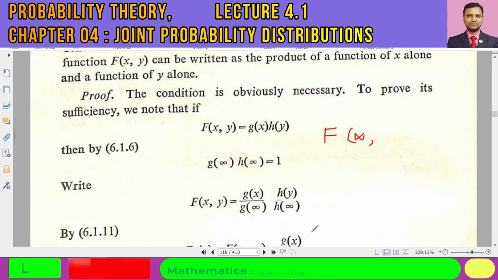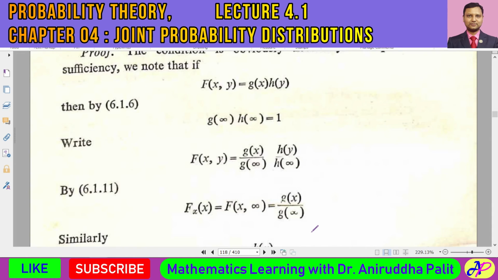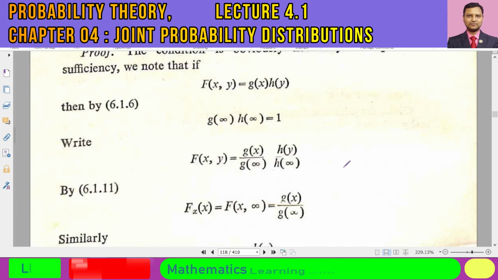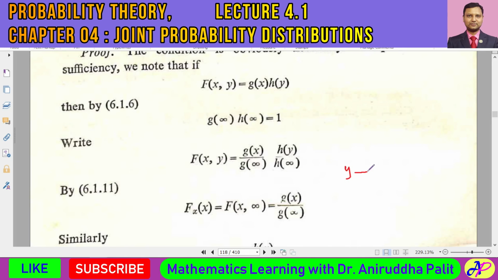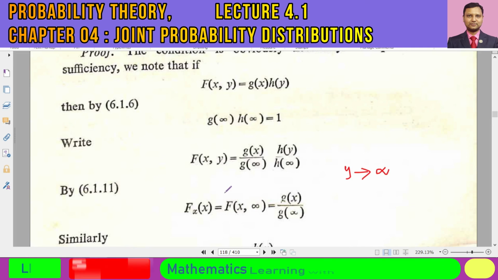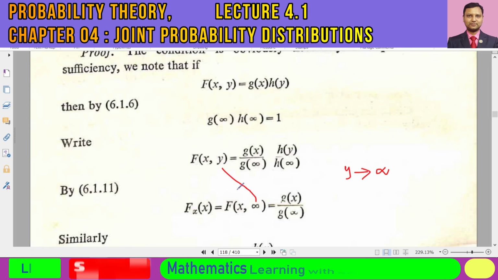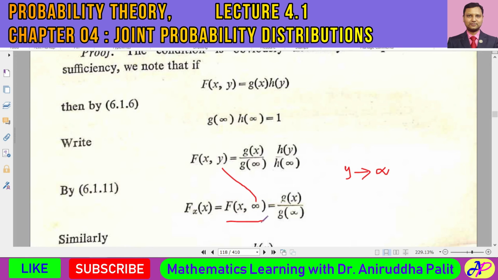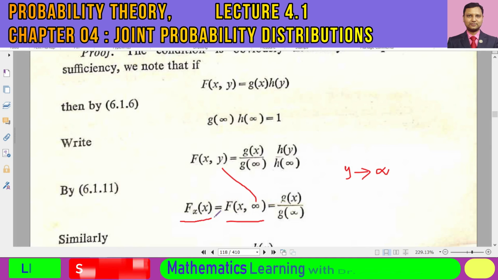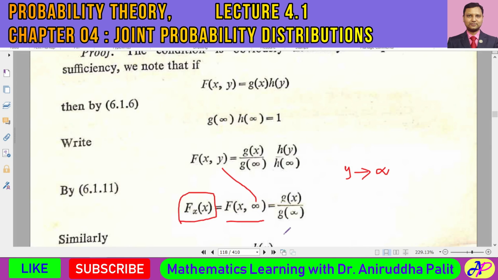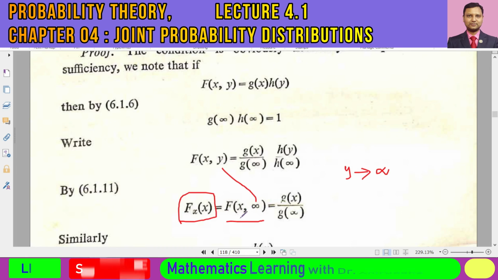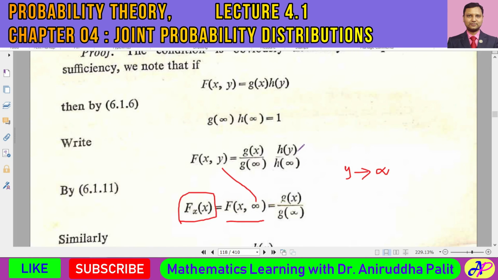And therefore, if we take the limit as y tending to infinity, we shall have f of x comma infinity, and that is nothing but the marginal distribution function F_X(x). So F_X(x) is equal to f of x comma infinity, and after taking the limit as y tending to infinity, what we shall have over here is h of infinity divided by h of infinity.